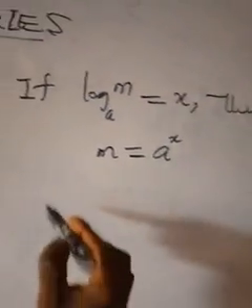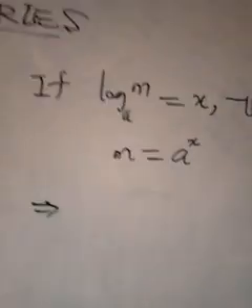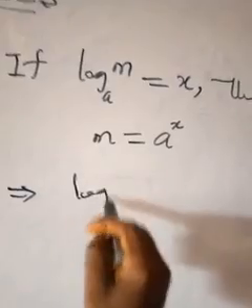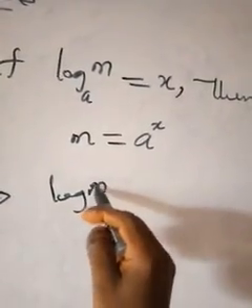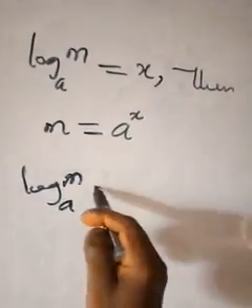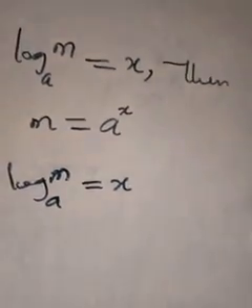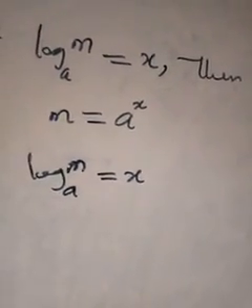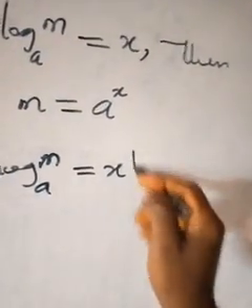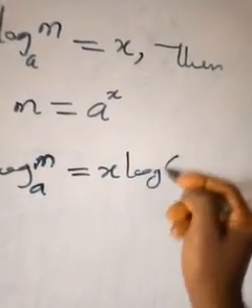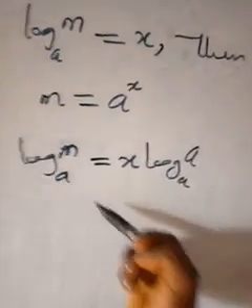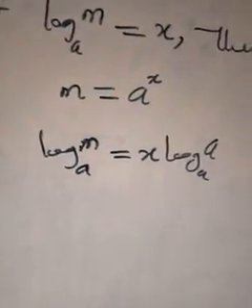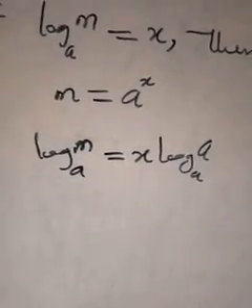Now let's see how we can explain it further. If we have log m base a that is equal to s, we have known that any logarithm of a number to the same base is equal to 1. So I can write log a base a here. I'm using log a base a because the base that I have here is a. So I will use the same number.